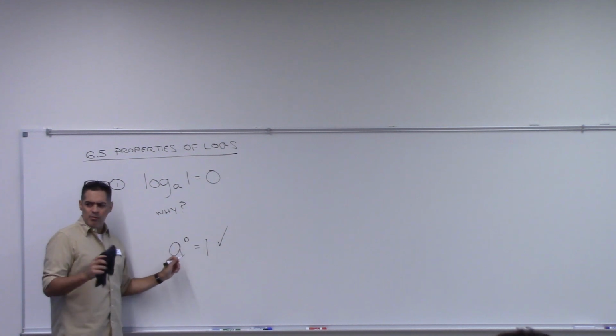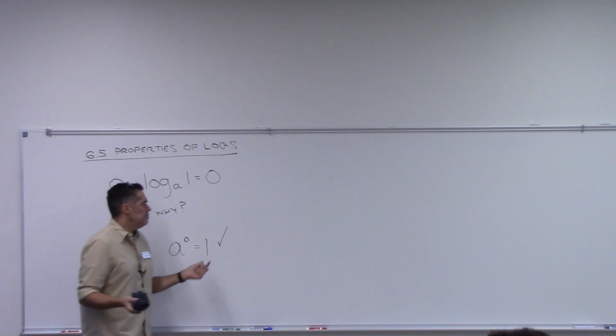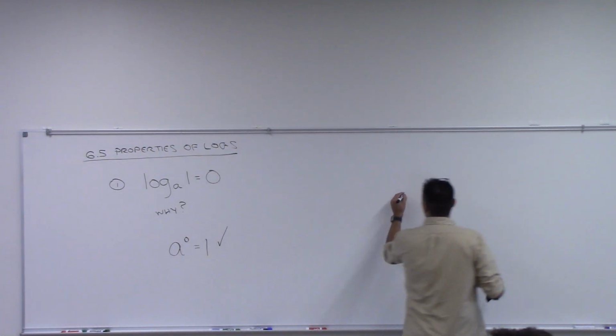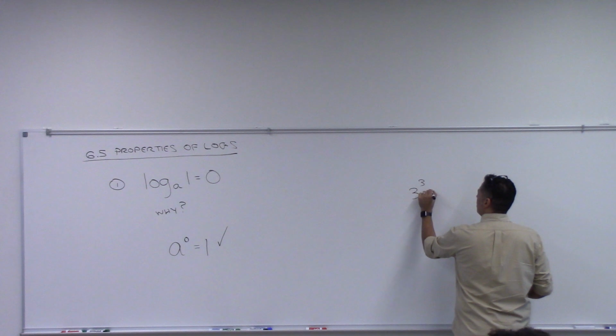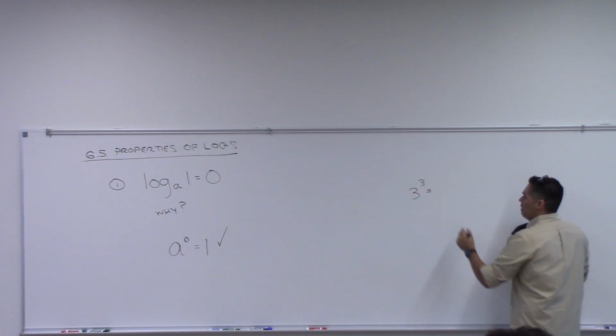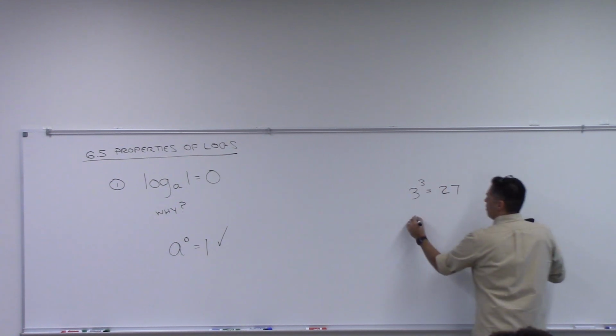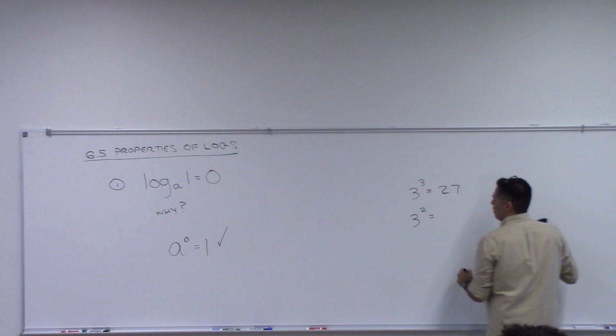I can give you a rough proof of it. You don't want to see it, or no? Yeah, I'll try it. If I write down 3 cubed, this is not a proof by any means, but it's at least to help you feel better about it. 3 to the third power is 27, right? What's 3 squared? Well, that's 9.